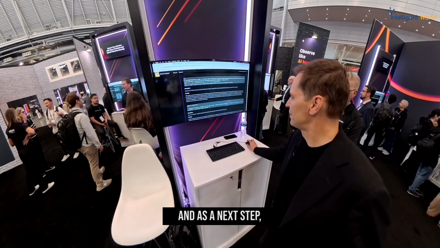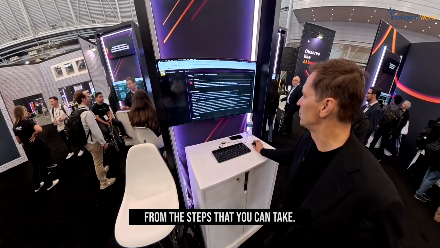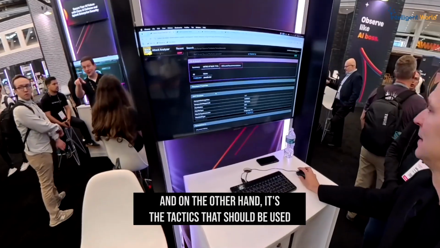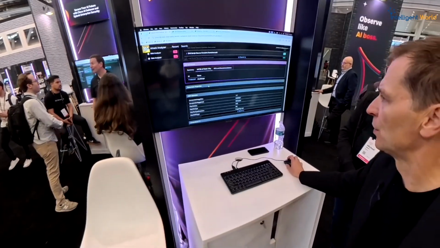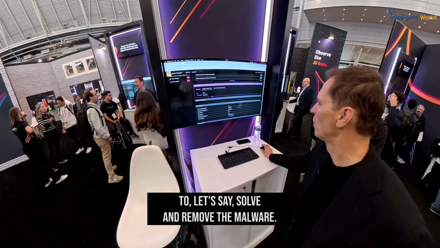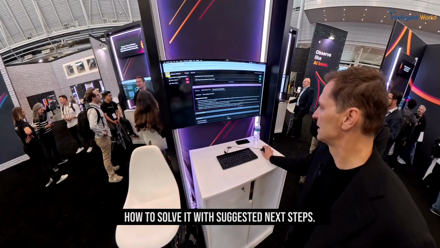As a next step, the AI also gives a recommendation of the steps that you can take. On the other hand, it gives the tactics that should be used to solve and remove the malware. And then you have the recommendations on how to solve it with suggested next steps.